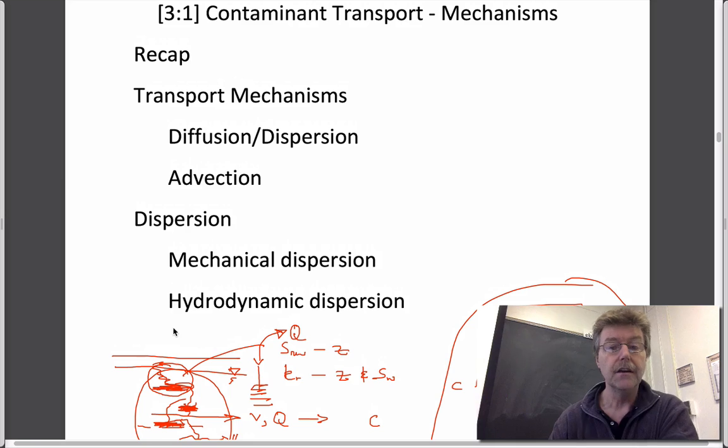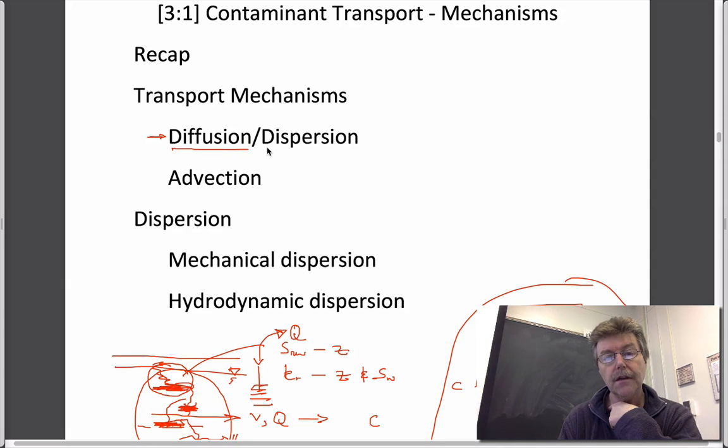Okay. So this is what we'd like to talk about. So I guess hopefully we set the stage. So we'll talk about the mechanisms by which transport occurs. There are really two. The first is called dispersion, or two mechanisms that both look the same. One is molecular diffusion, and one is mechanical mixing by dispersion.